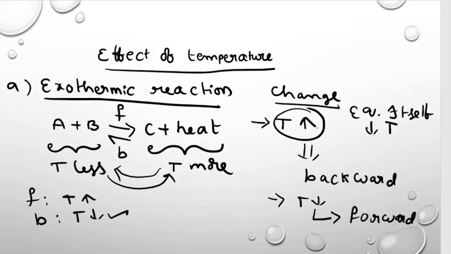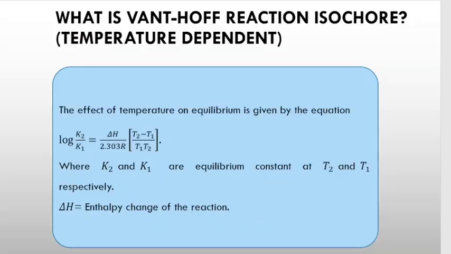And here one thing is there regarding the temperature. Temperature dependence we can also express in terms of the Van't Hoff equation. That is nothing but log K2 by K1 is equal to delta H divided by 2.303 into R into (T2 minus T1) by T1 T2. Here K2 and K1 are the equilibrium constants at T2 and T1.